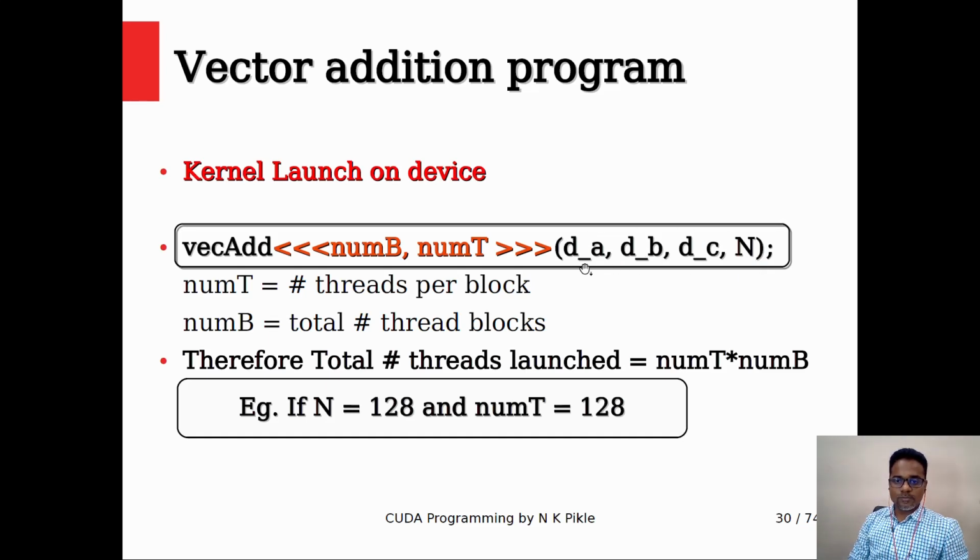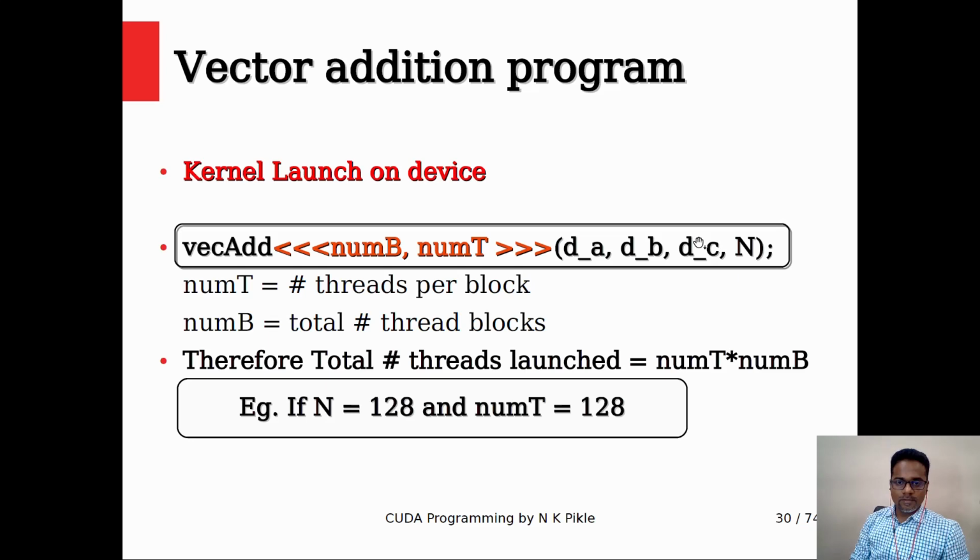Here I am supposed to pass only the device arguments, right? Because in this function I will be accessing data that is present on the GPU side. So that's the reason I am passing arguments d_a, d_b and d_c. And the last argument is n, which is the size of the arrays. Fine. So this is where we launch a kernel, or a CUDA function, to be executed on the GPU.